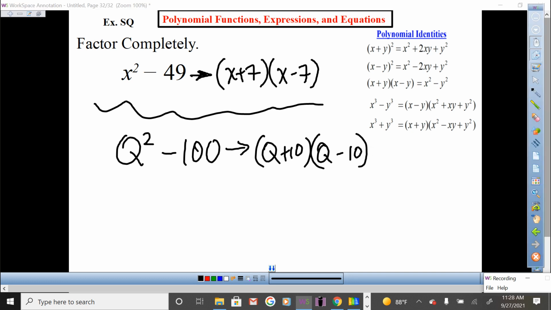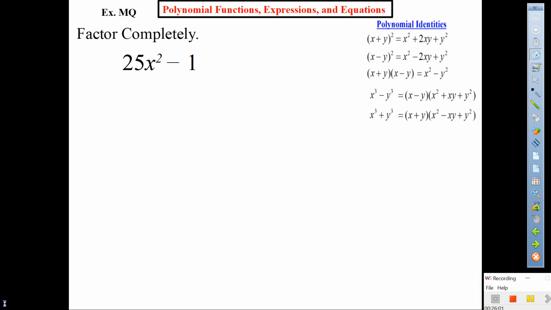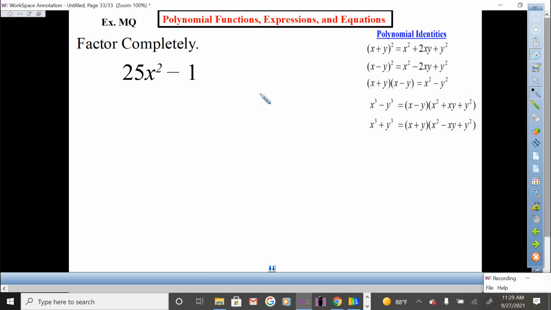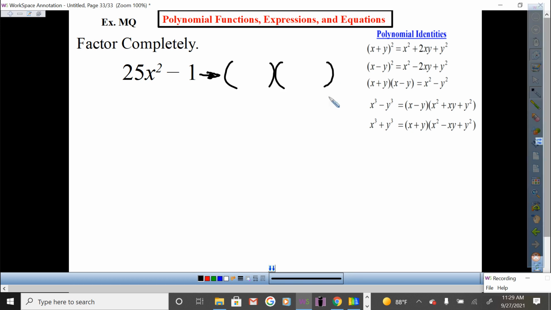Crank it up a little bit. Copy this one. Example method Q. 25x squared minus 1. Yeah, try and see if you can find me the factors for this one by yourself. All right.